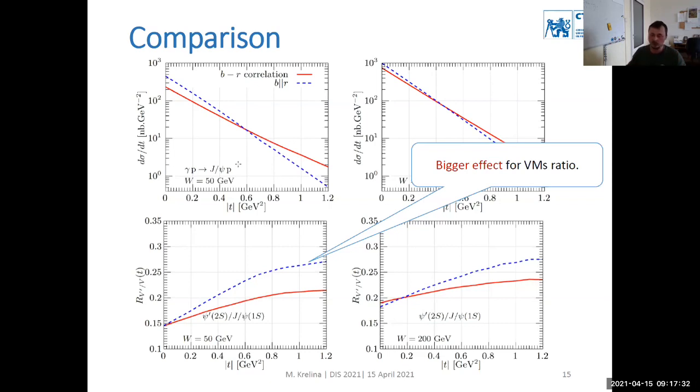Then this solution, this wave function, you can boost to the light cone, and especially we also add something that is called Melosh spin rotation, because that solution of the Schrödinger equation is a solution only for the radial part, and usually the spin-orbital part is neglected. So that mechanism of Melosh spin rotation also gives you a correction for this spin-orbital part directly in the light cone. This is the way we describe the wave function of the vector meson.